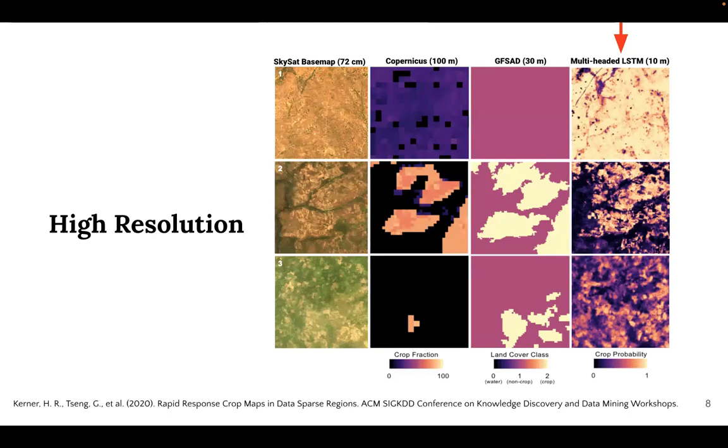That's often not really useful in areas with smallholder agriculture, where the fields are maybe 10 meters large. Obviously, if the fields are very small, you're not really going to be able to capture where the fields are if your resolution is set to 100 meters. So we make maps that are 10 meters and that are able to capture a lot of that fine granularity of smallholder agriculture.